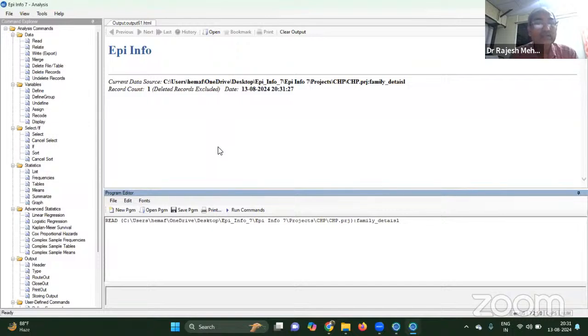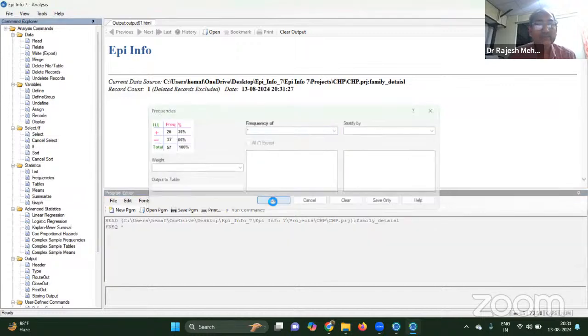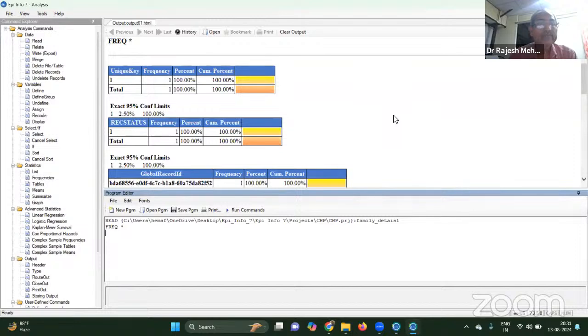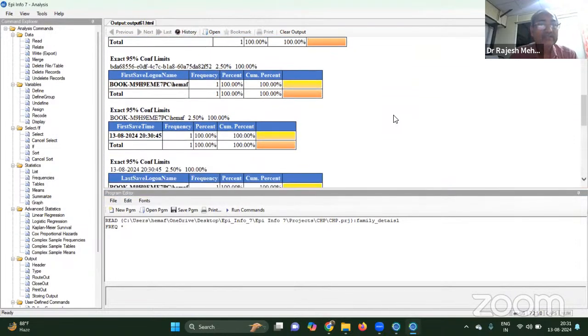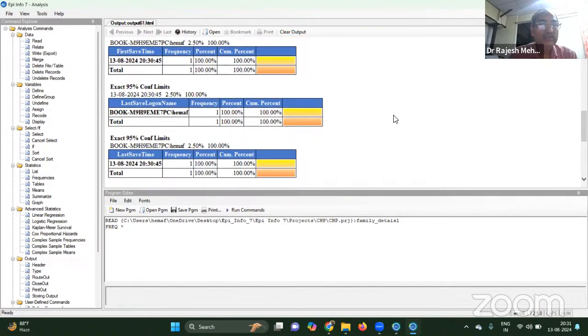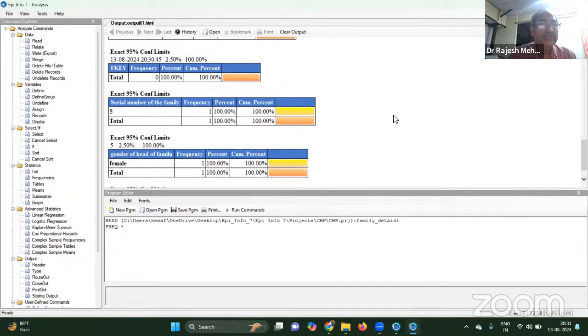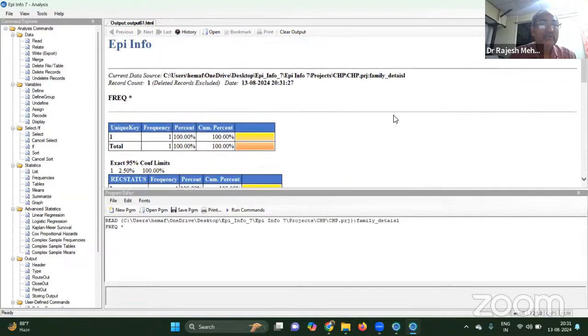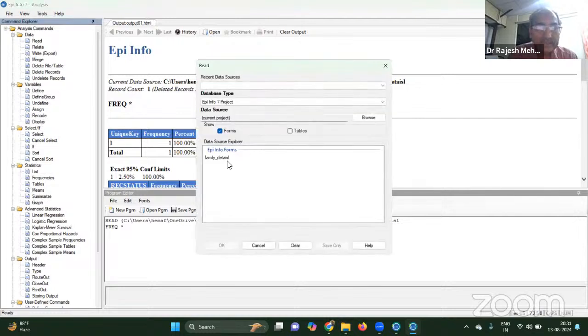It has record one, frequency. Rest of the record were not saved. Otherwise, one. This is not the one. I think this is not the file which we want to have. It was probably a read and this family details.